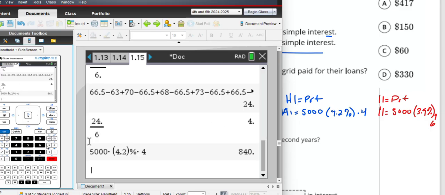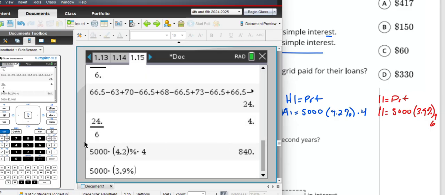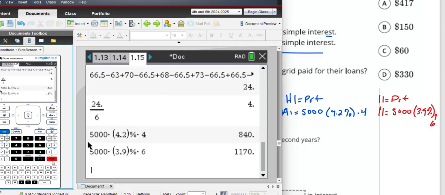Ingrid's now is going to be 5,000 times 3.9% times 6. I want to find the difference. 5,000, 3.9% times 6. Wow, that's a big difference.